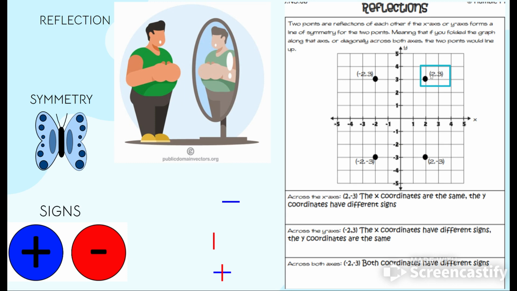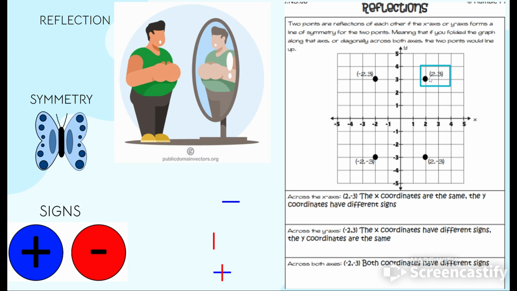The 2, that first number, tells us where the location is on our x-axis, our horizontal number line. So it's to the right 2 spots. And the second number tells us where our dot is on the vertical y-axis number line, and it's a positive 3, so it is up 3. Here is our location that we're starting with.